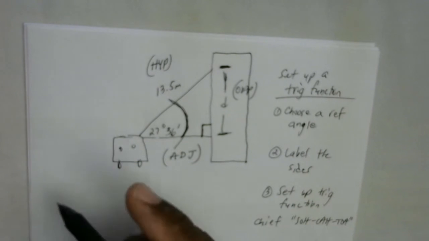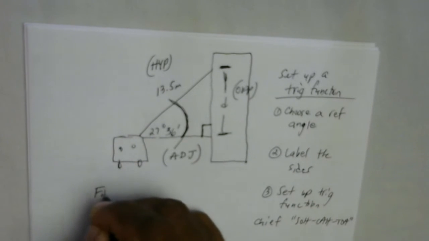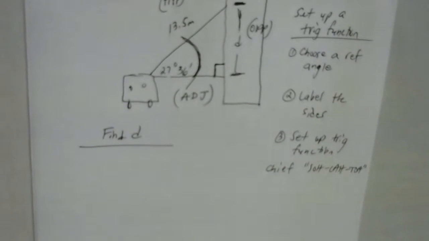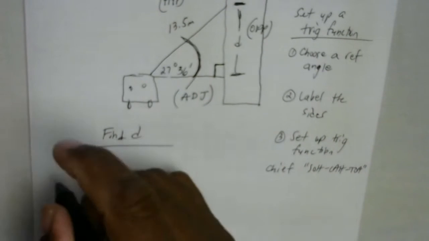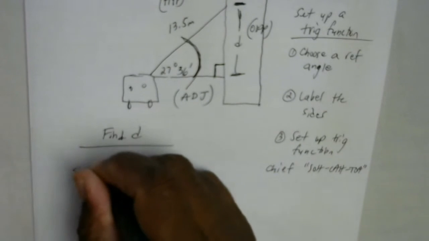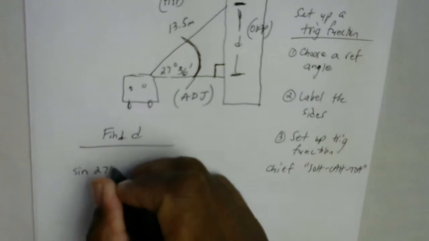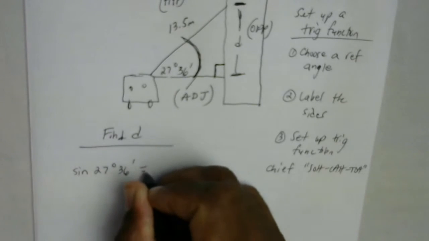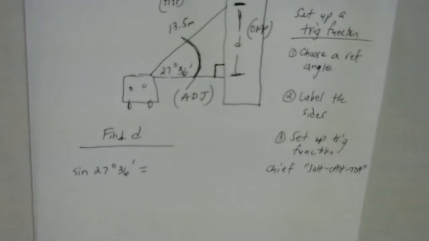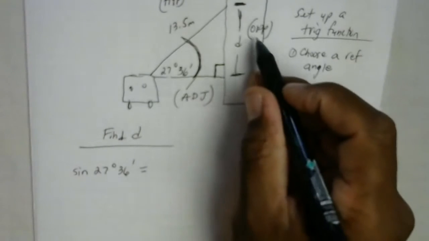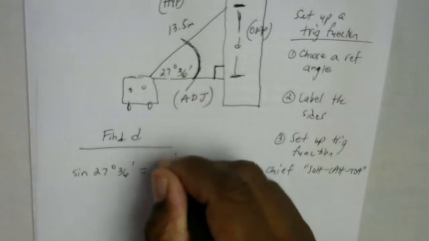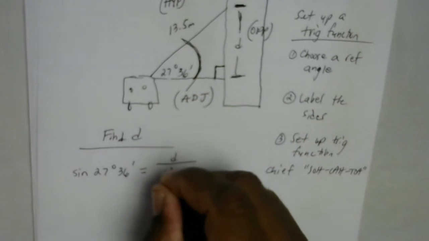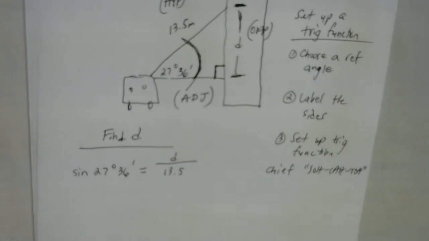Here's our trig function: the sine of 27 degrees, 36 minutes should equal the opposite, which is D, divided by the hypotenuse, which is 13.5.